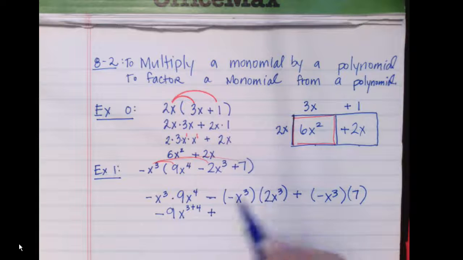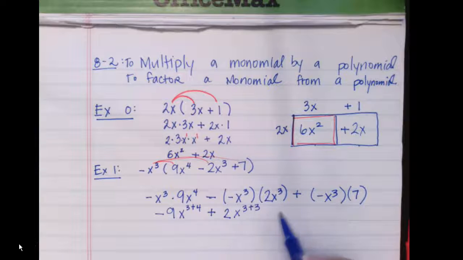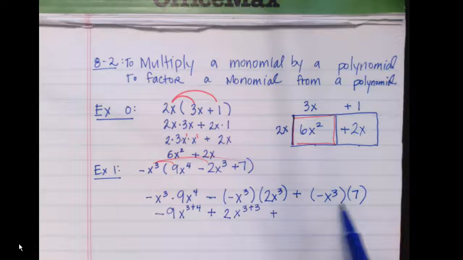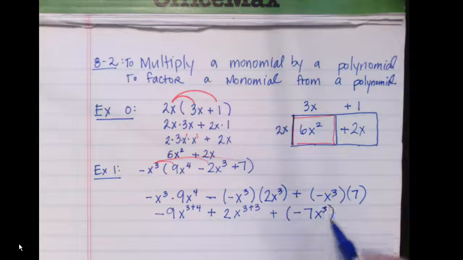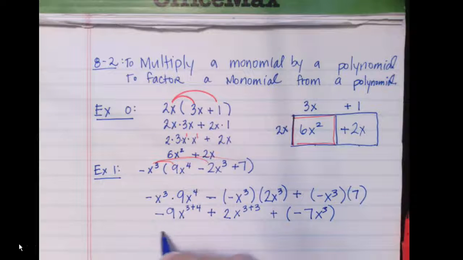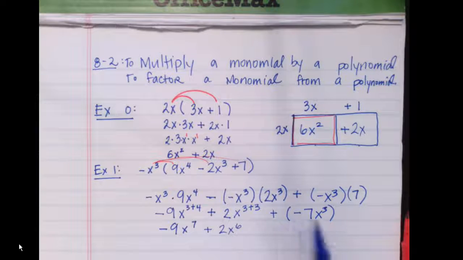So 2 times 1 is just 2x. 3 plus 3 is going to be my exponent, and negative x cubed times 7 is going to be negative 7x cubed. So now let me go through and finish it off. I've got negative 9x to the 7th plus 2x to the 6th, and I can go minus 7x to the 3rd.